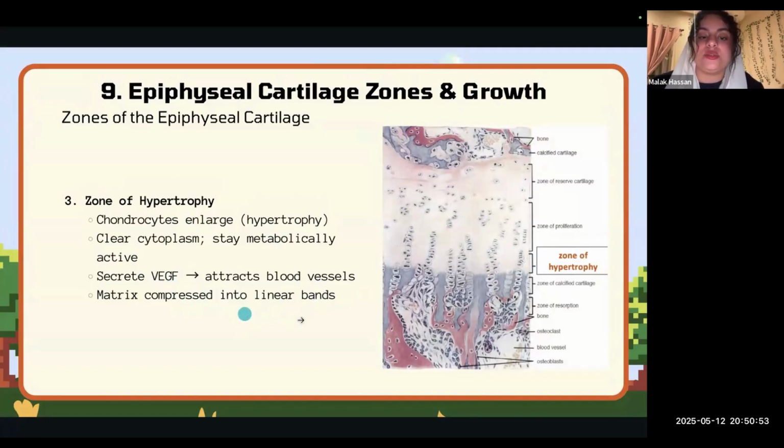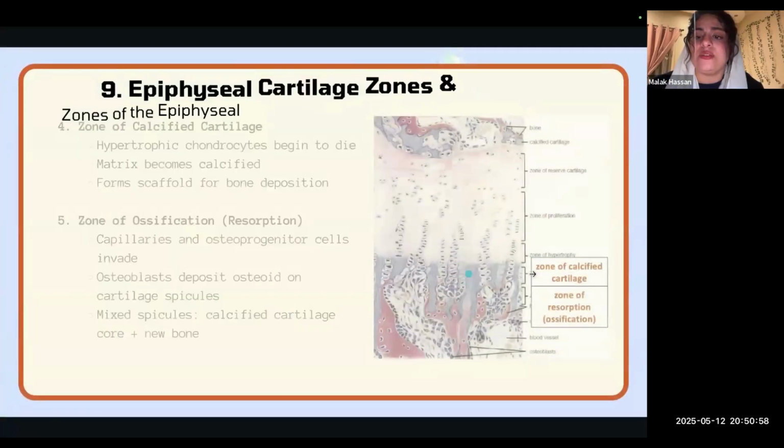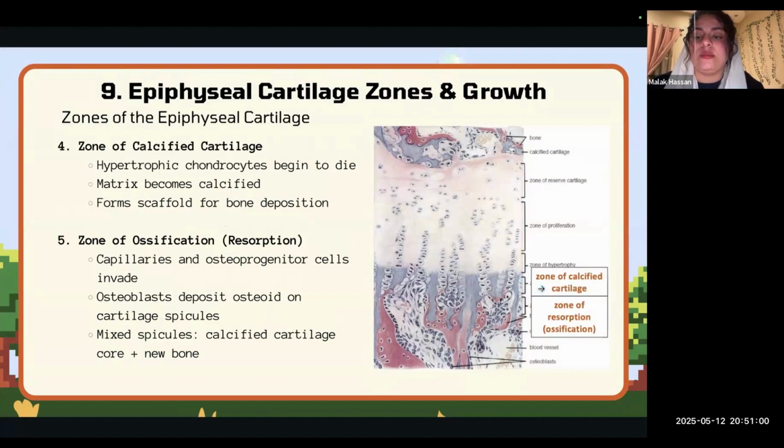And the matrix is going to be compressed into linear bands.